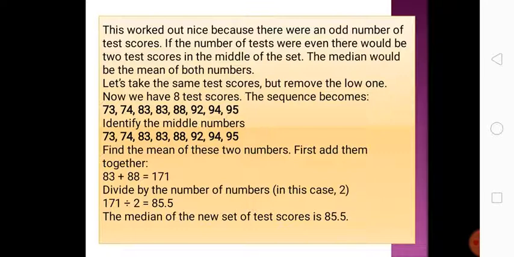We add both numbers and the sum is 171, and it will be divided by 2 because n in this case is 2. Then we get the new median test score, 85.5.